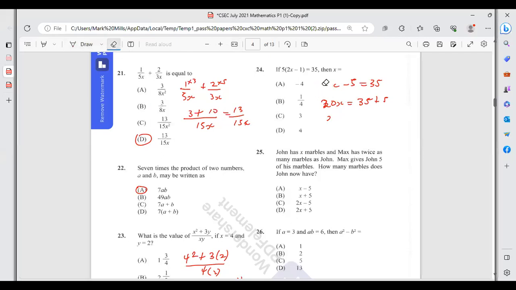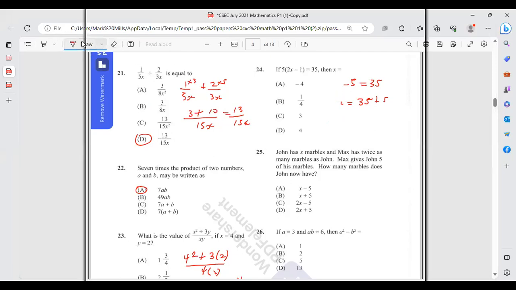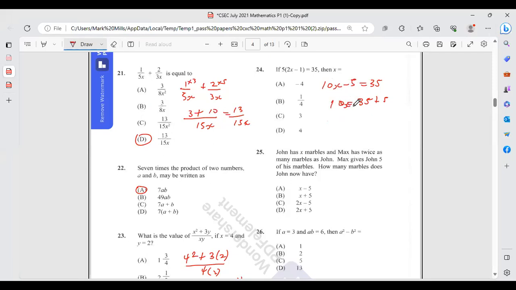Hold on, I move too fast. We can't even multiply. So 10x is equal to what? 10x equal to 40. Dividing by 10, you get x equals 4.